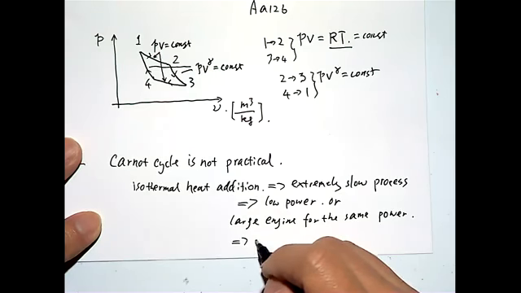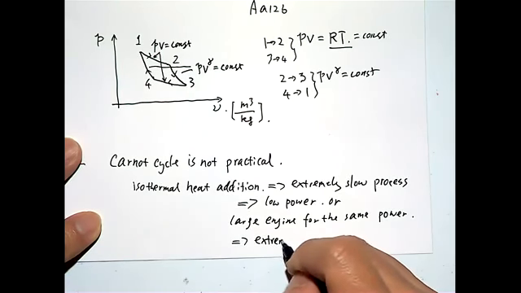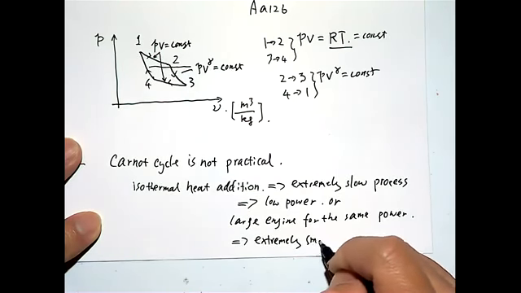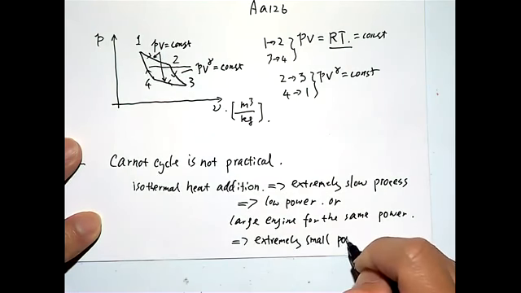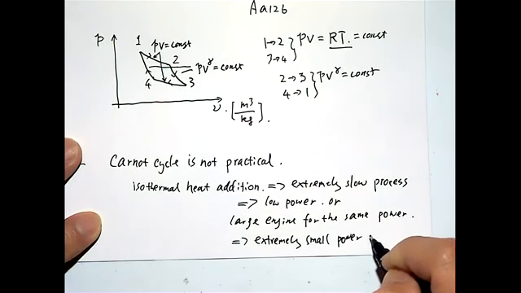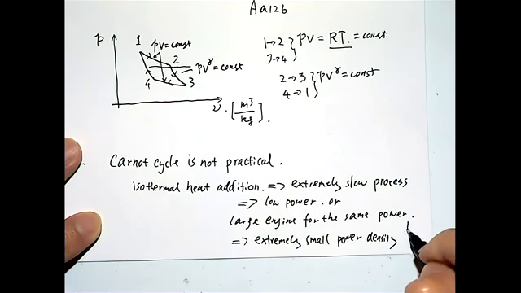So leading to an extremely small power density, which is watts per kilogram of the engine.